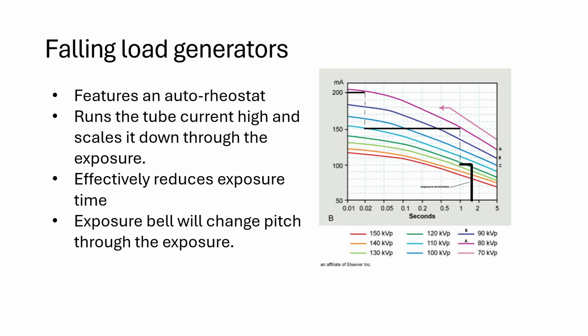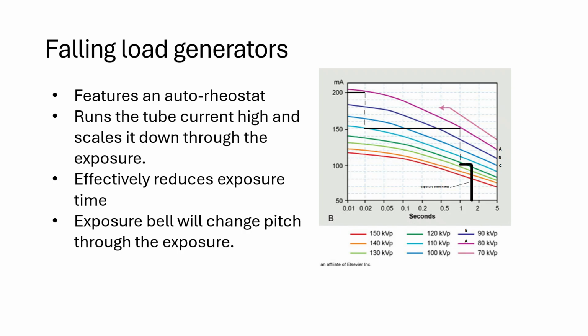Okay. And so what happens is you wire for a falling load generator, you have to wire your tube for an auto rheostat, and it starts out at the highest MA station possible. And then as it approaches the safety threshold, that purple line, it's going to drop the MA station down to the next available MA station.